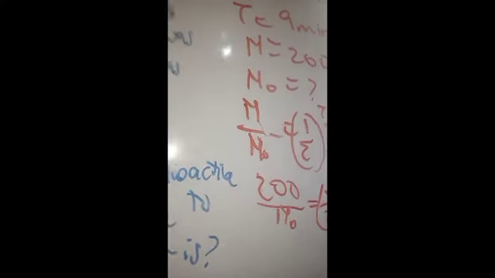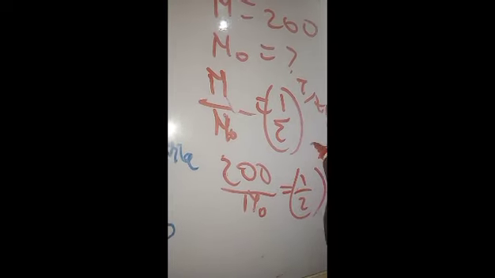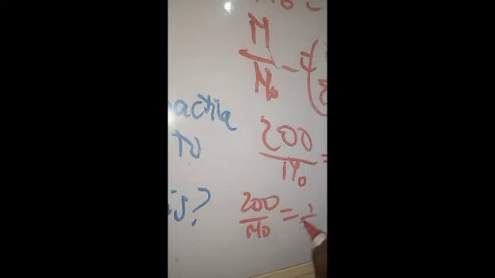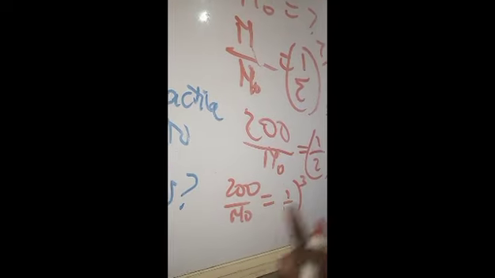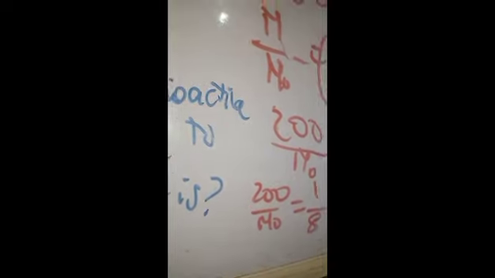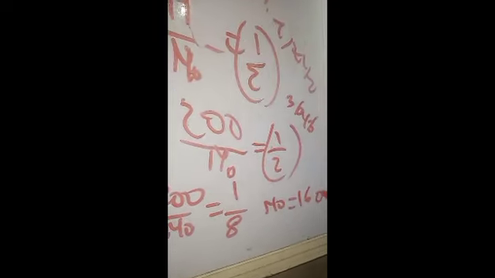What's T over T half? 9 over 3, 3 in 9, that's 3. So you have 200 over N naught is equal to 1 over 2 raised to power 3. What's 2 raised to power 3? That's 8, so 1 over 8. So you just cross multiply. N naught times 1 is N naught, and 200 times 8 is 1600.